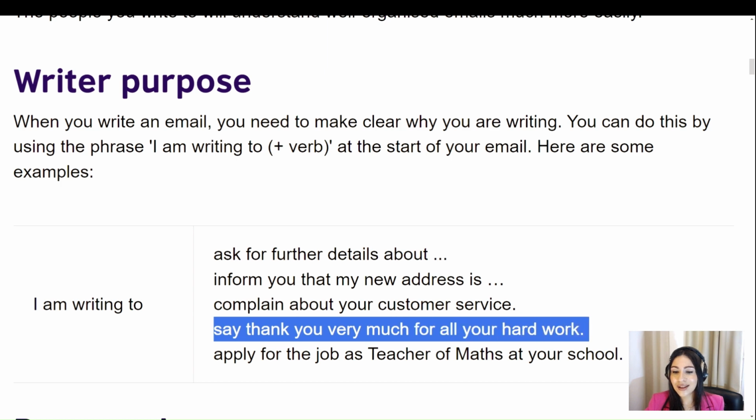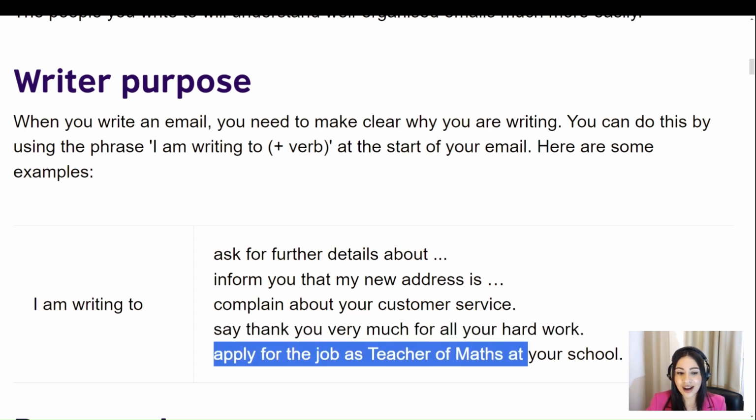I'm writing to say thank you very much for all your hard work. Here the sender is expressing gratitude and appreciation. This is an email that praises the company or service provider. I'm writing to apply for the job as, and stating your position, is a job application email introduction.